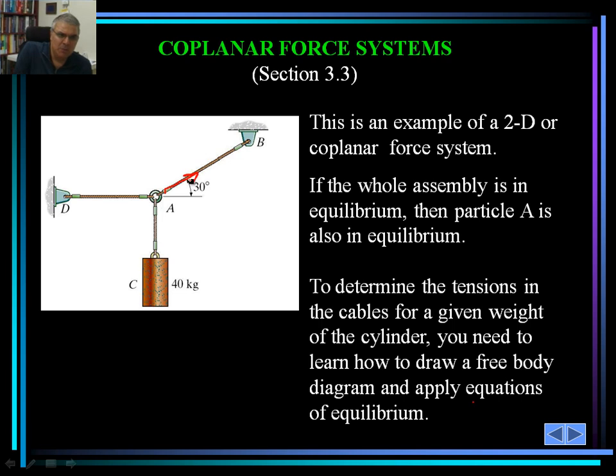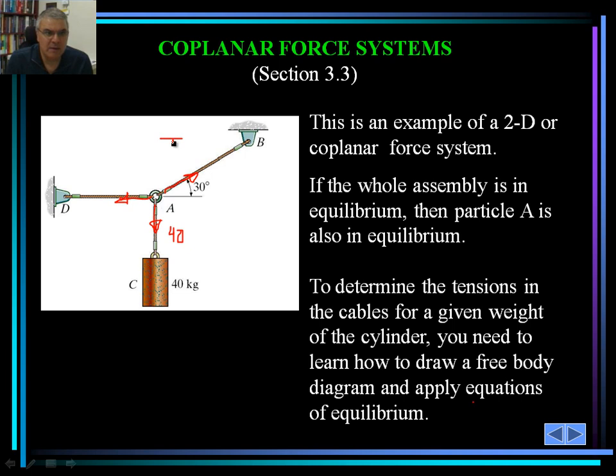Each would be shown by one arrow. For this arrow we would show the force as 40, and for the other arrows, if they're unknown, we can just show them as T sub D, a tension in the cable, or T sub AD, or in this case T sub AB.